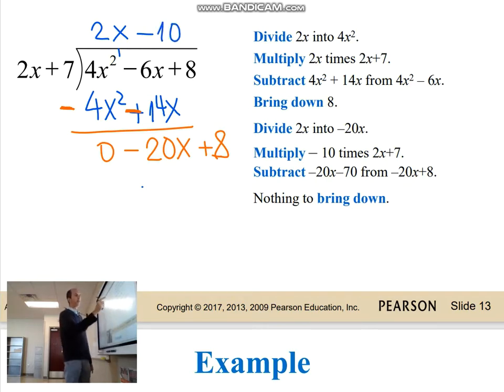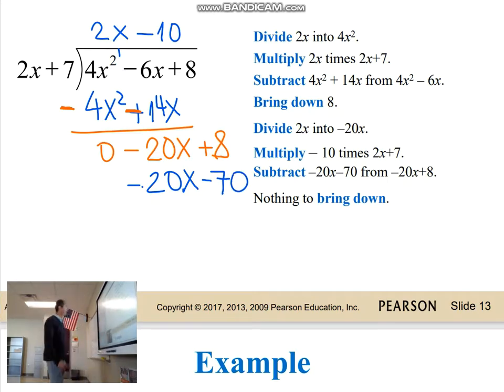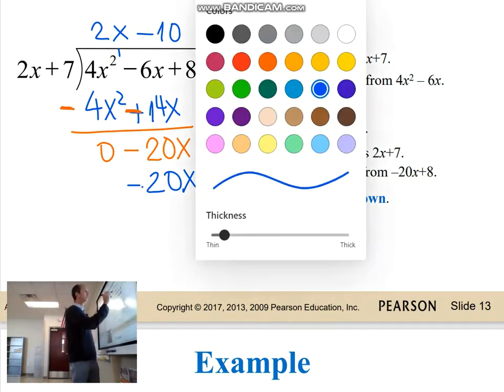Next step, multiply negative 10 by 2x, negative 20x, and negative 10 times 7, negative 70, right? You're going to subtract, so let's change the sign.